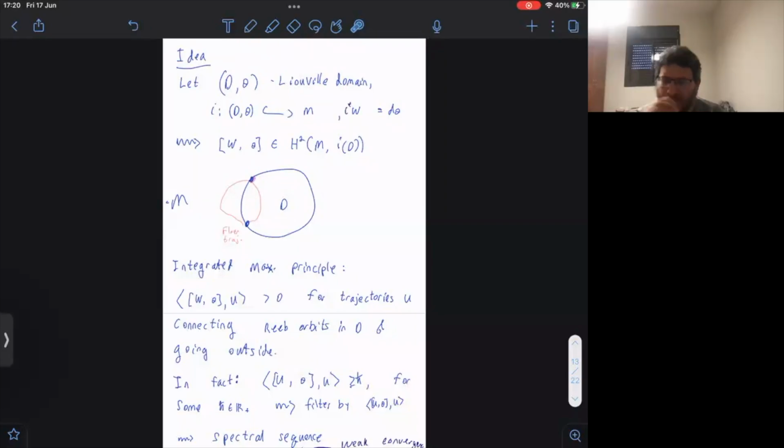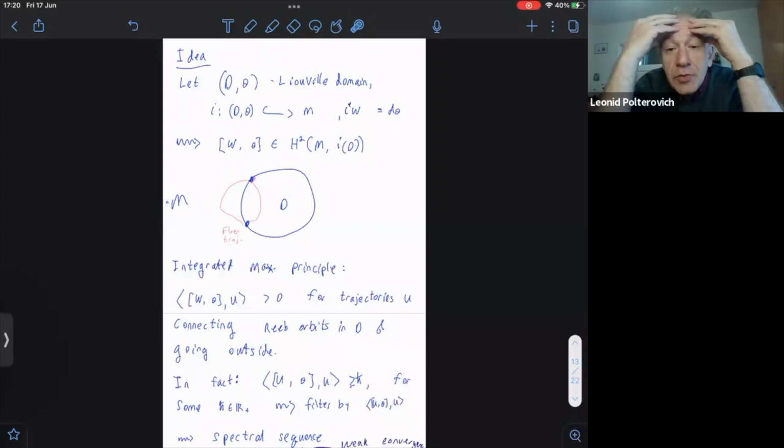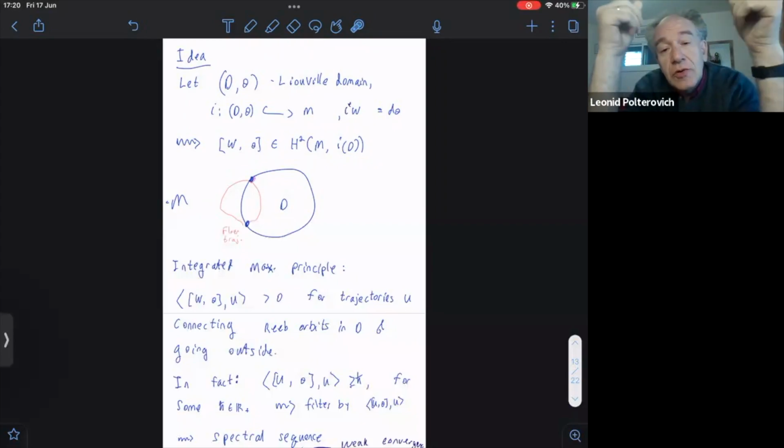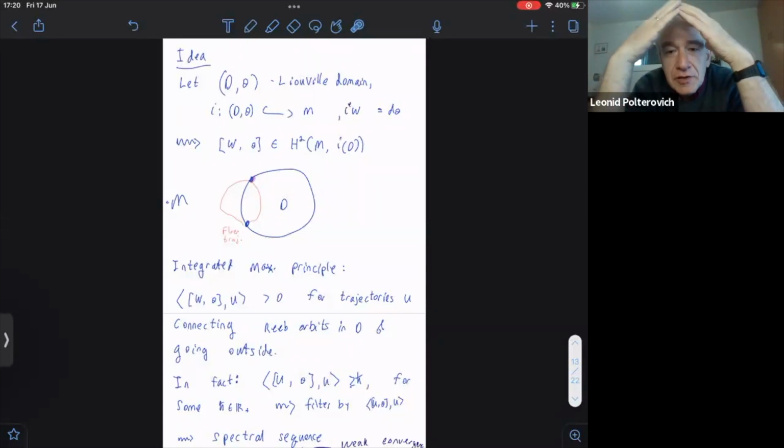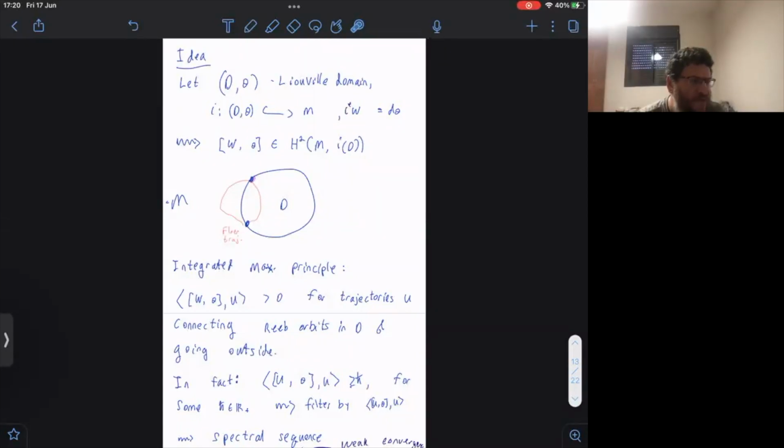Can you use it to detect some knots, so two different complete embeddings of one manifold into another?